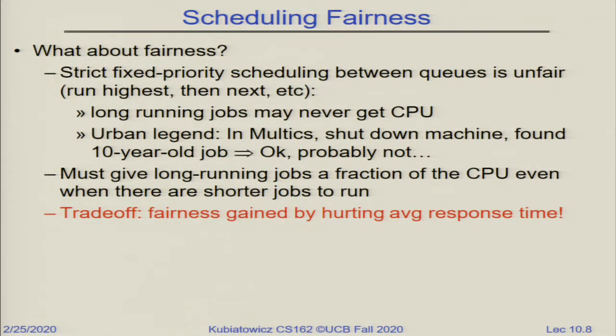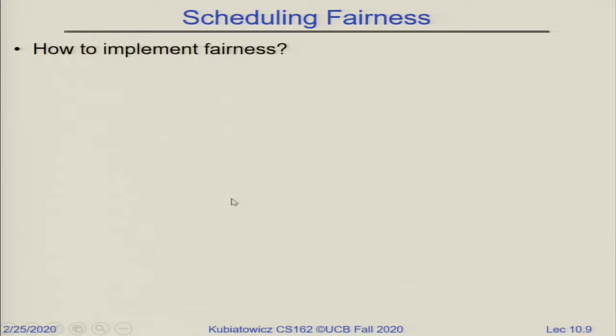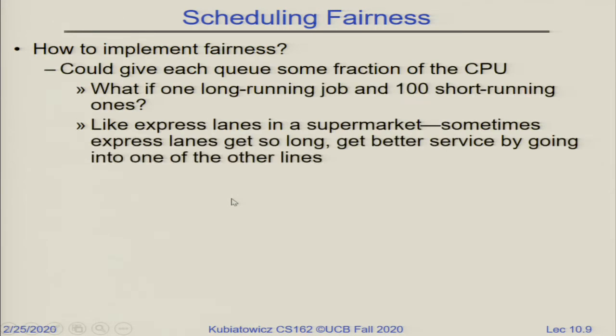So maybe to get fairness back into a priority picture, you start saying, well, yes, we're going to give the high priority ones most of the CPU, but we'll occasionally throw some crumbs to the low priority ones, right? And so the trade-off is almost invariably that fairness is gained by hurting average response time, fairness gained by violating the priorities also.